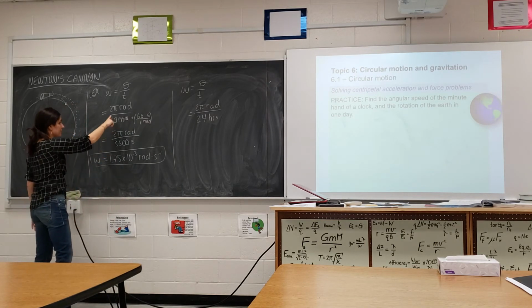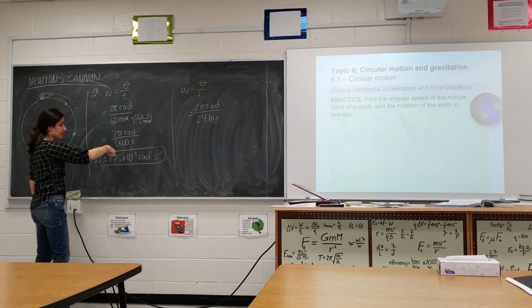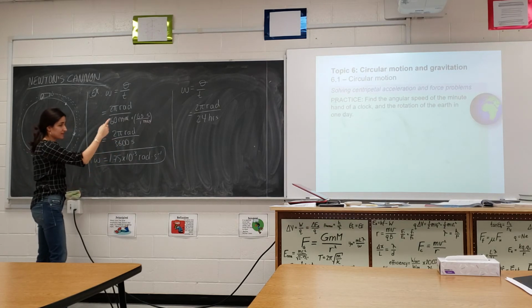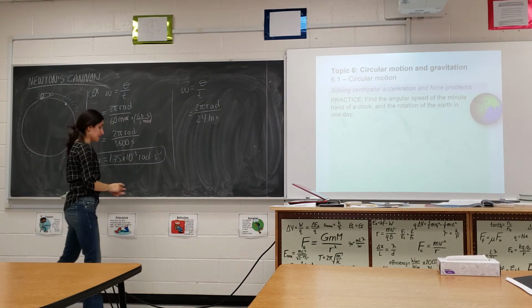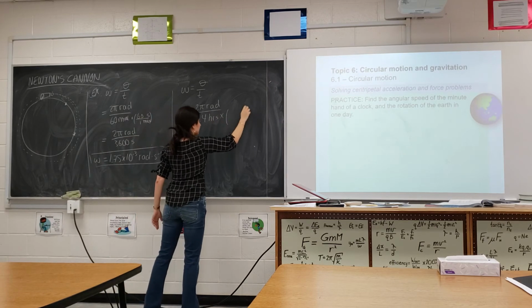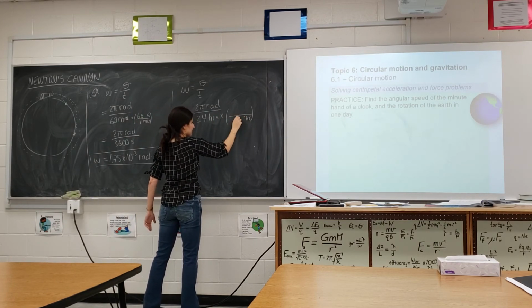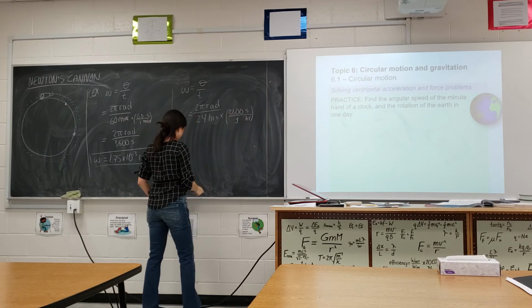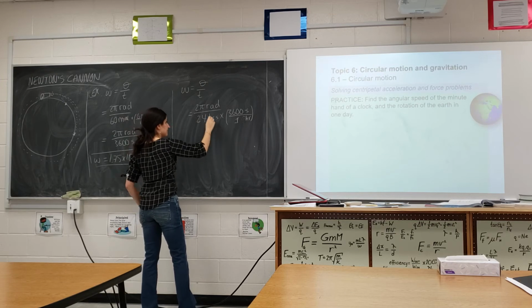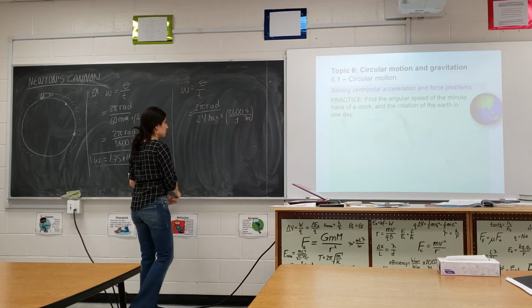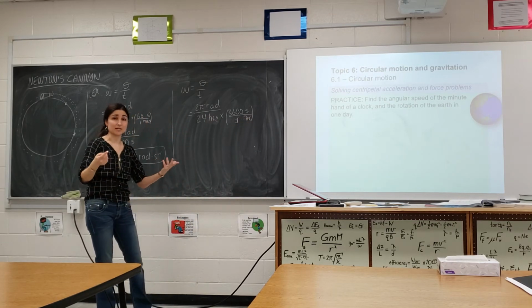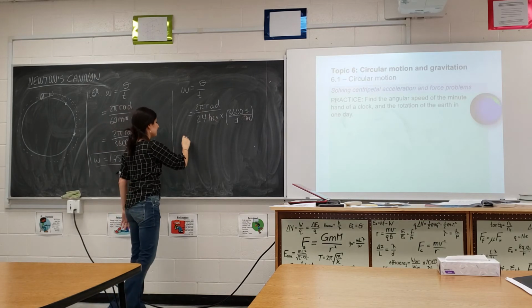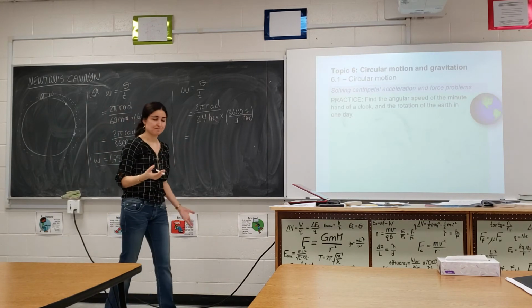We already know that 60 minutes, or 1 hour, is 3,600 seconds. So 24 hours, that's going to be a simple conversion. 1 hour is 3,600 seconds. So hours cancels with hours. 24 times 3,600, that's how many seconds you have. And divide 2 pi by that number.